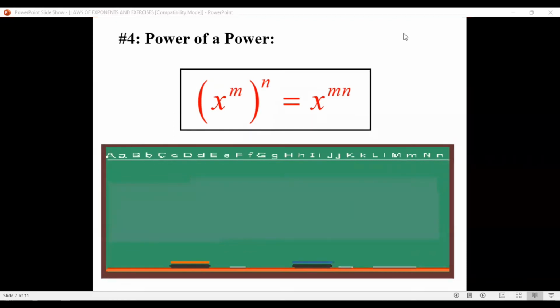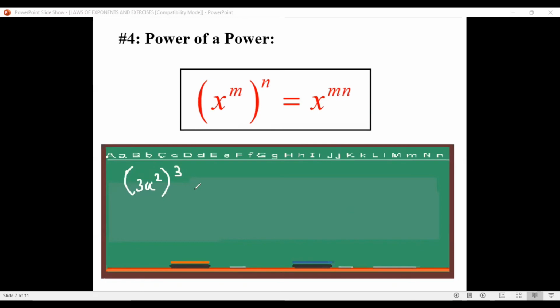Now, let's have some examples. Suppose we have 3a, and this a is raised to the second power and there is another exponent. Okay, we have now raised to the third power.